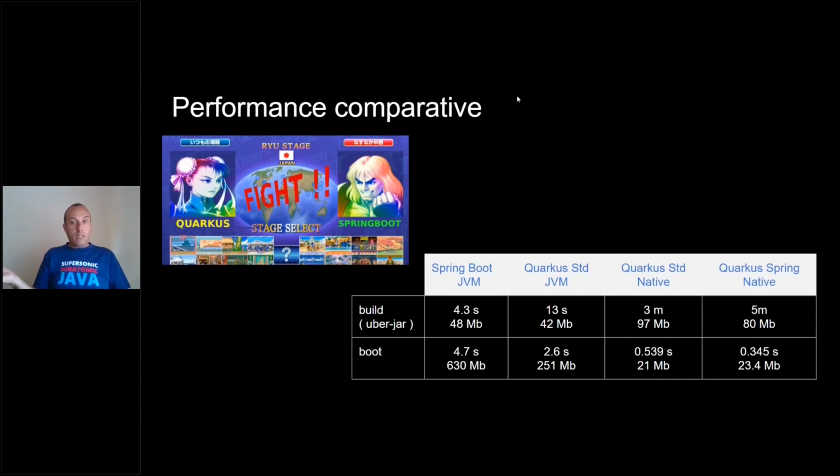With Quarkus standard native, it takes 3 minutes and around 100 megabytes. And with the Quarkus Spring extensions native, it takes 5 minutes and around 80 megabytes. The difference between the two native approaches can be because my machine had more resources. This is a comparative, not exhaustive, simply doing it without considering bigger things. So take it as it is, and what is important is the order of magnitude of the numbers.